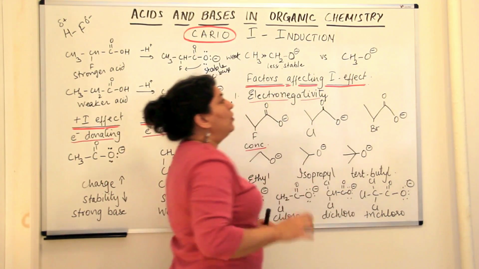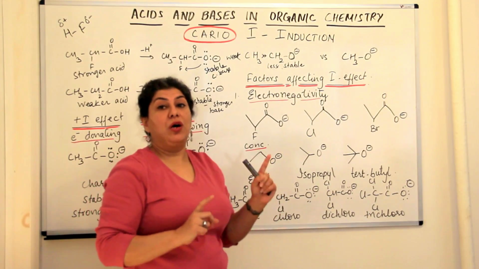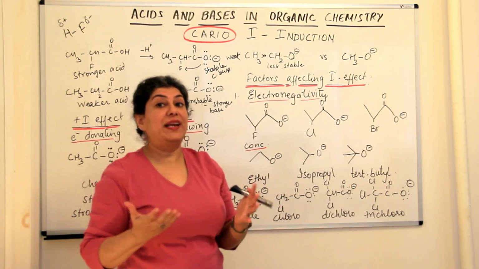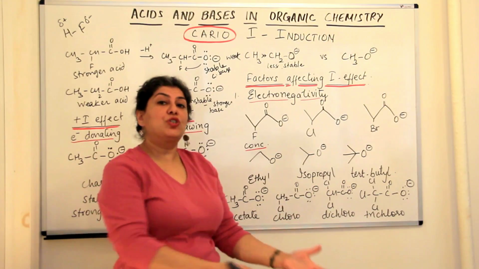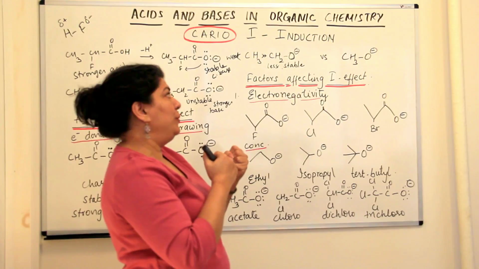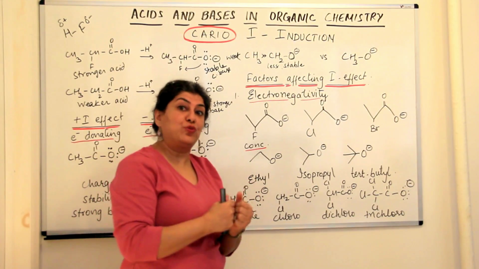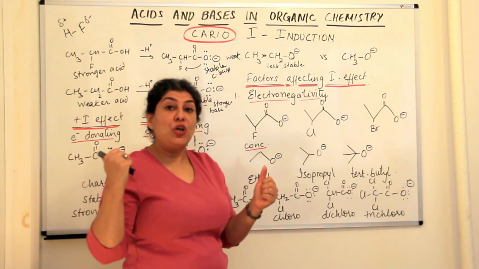Methyl group. Now, out of oxygen and carbon, carbon is more electropositive and oxygen is more electronegative. So, although oxygen is holding its own electrons with itself, it still has a tendency to pull the electrons of carbon towards itself because carbon is not so strong.